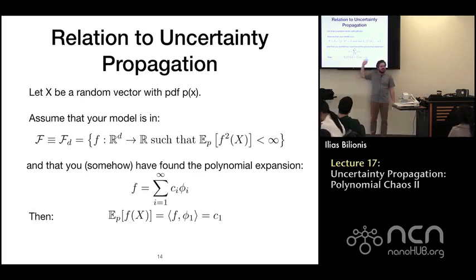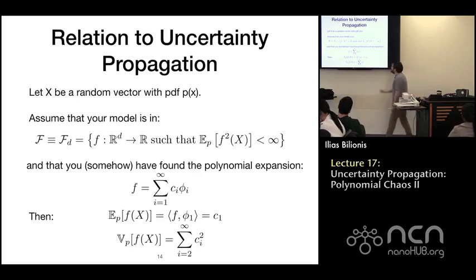For example, the mean is basically just the first coefficient, and the variance is the sum of the squares of all the coefficients except the first one. And of course, you can derive formulas for any of the statistics you want, but you could also just use plain old Monte Carlo on this expansion.